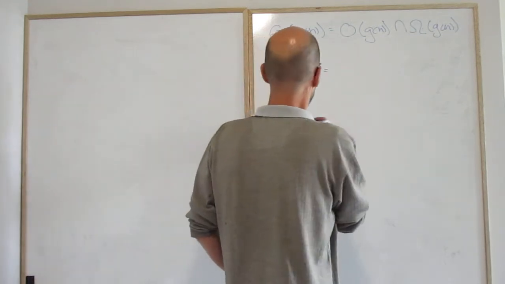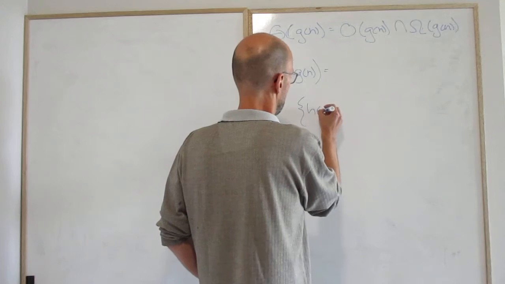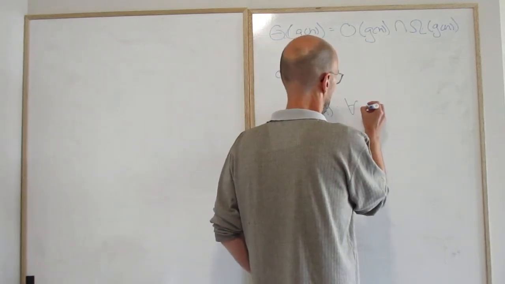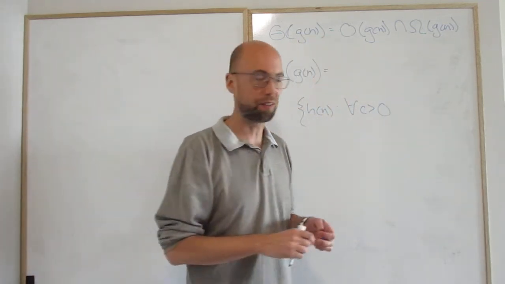is the set of functions h of n such that for all c greater than 0, so this is where it's starting to look more like an epsilon delta ball thing.